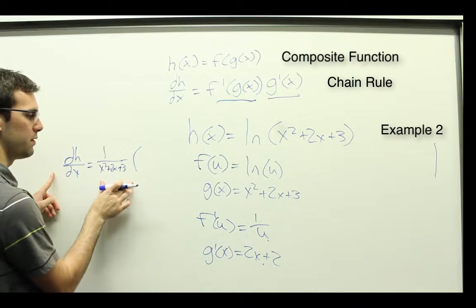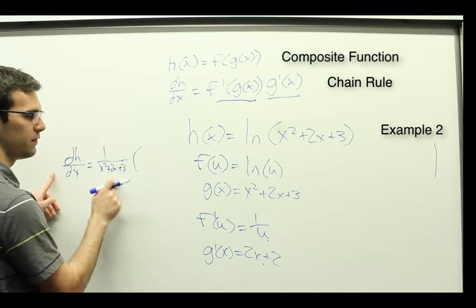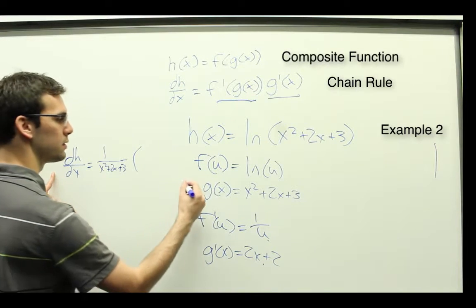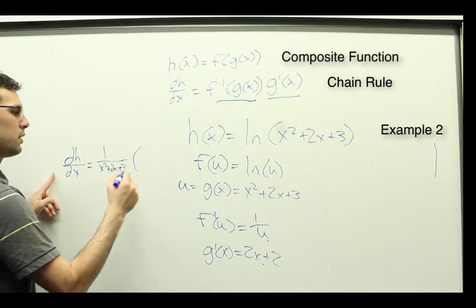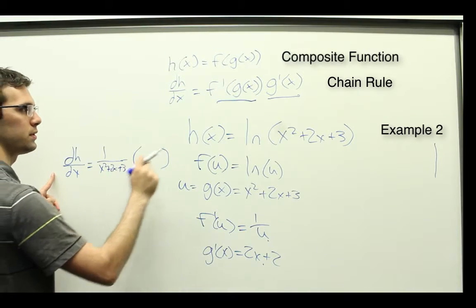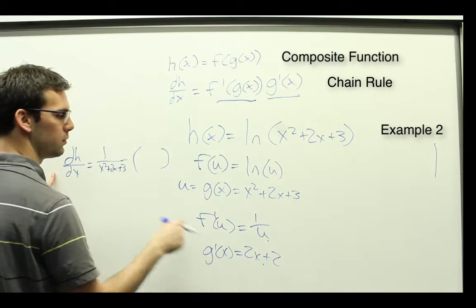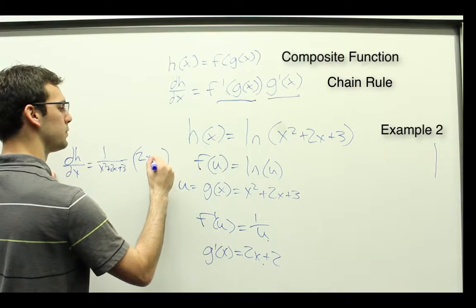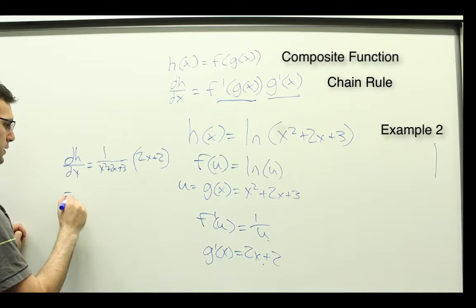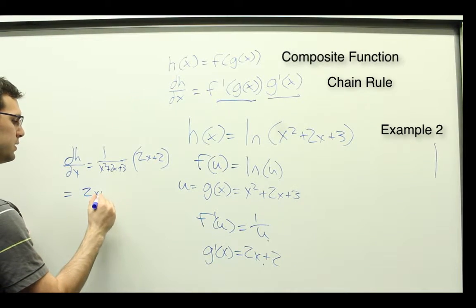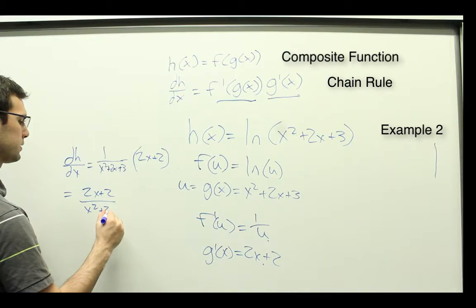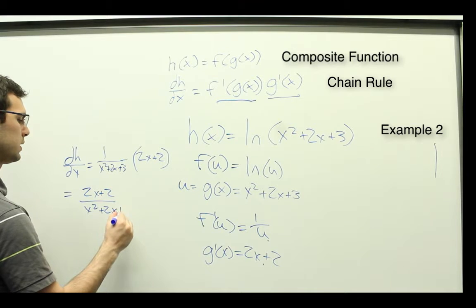And that's our f prime of u, with u filled in as g of x. And we multiply this result by g prime of x, which is 2x plus 2. And so our final result is 2x plus 2 over x squared plus 2x plus 3.